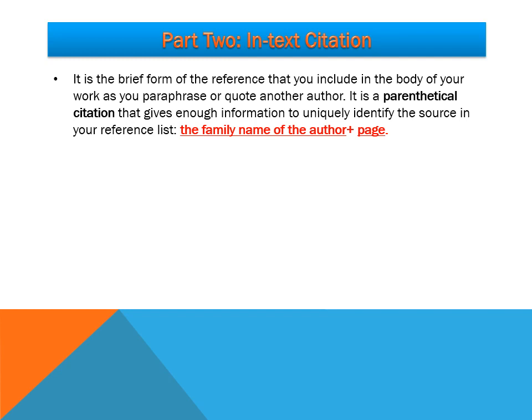It's a parenthetical citation that gives enough information to uniquely identify the source in your reference list or in your works cited list. It consists of the family name and the page, in case the source has a page.